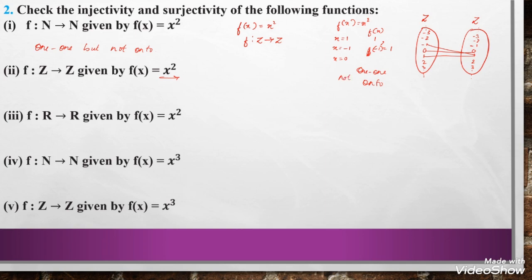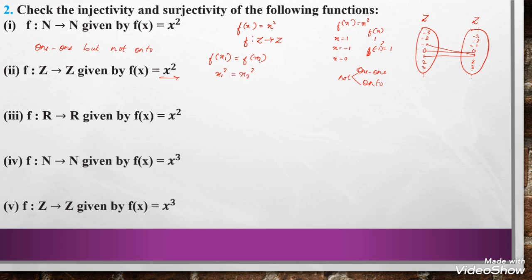It is not 1-1, because according to the definition, distinct elements have distinct images in the codomain. But here two distinct elements have the same image. This is not the definition of the 1-1 condition. So I will write it theoretically: f of x1 is equal to f of x2. That is x1 square equals x2 square.